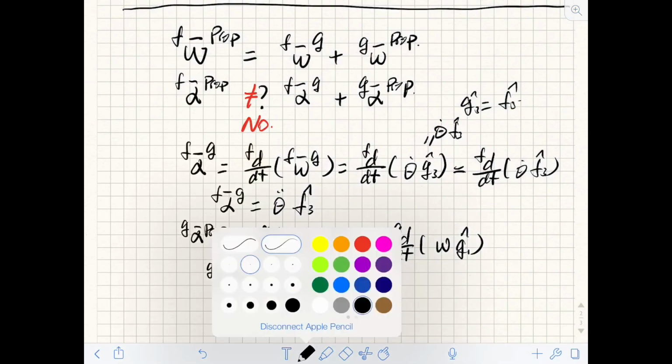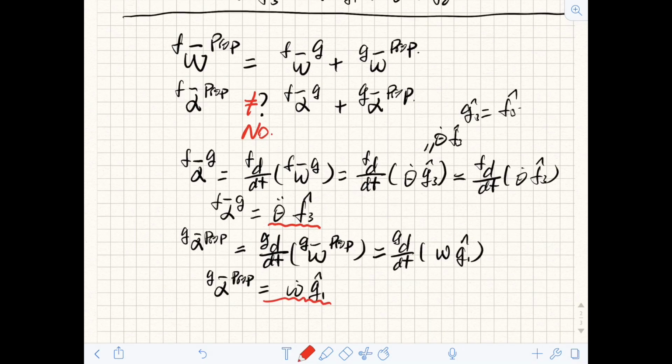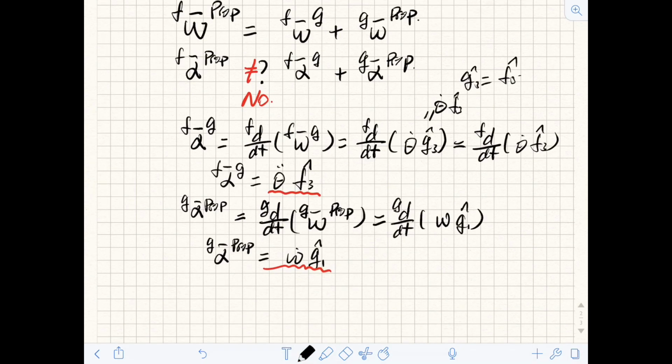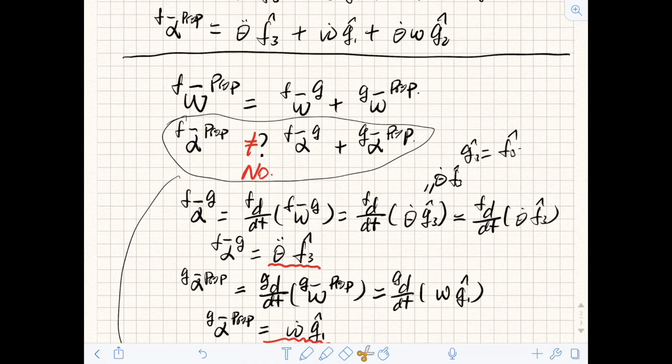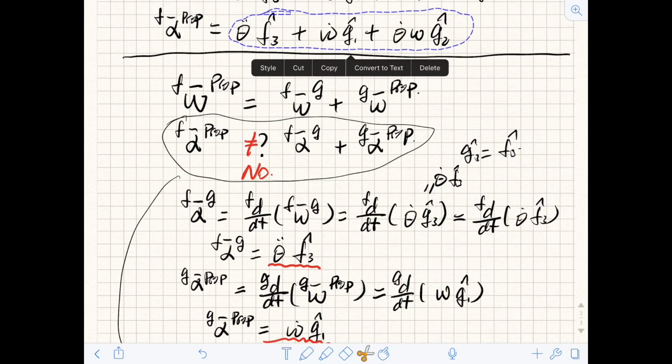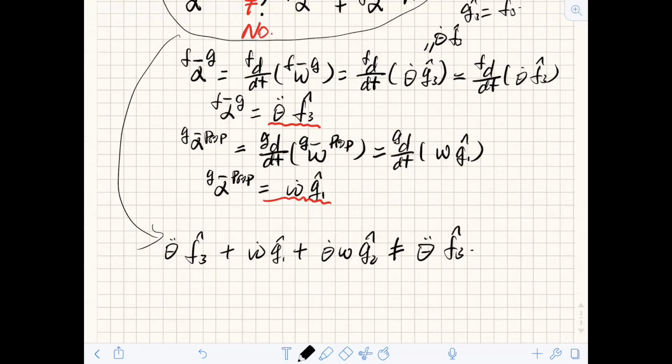Notice that if we just simply add these two terms, we're not going to get the angular acceleration of the propeller in the F frame. So if I were to copy down the expression I had for the angular acceleration of the propeller in the F frame, we can see clearly these two are not the same.